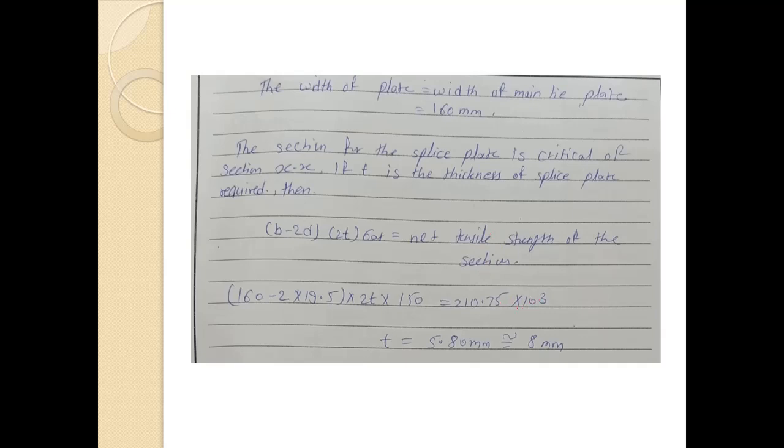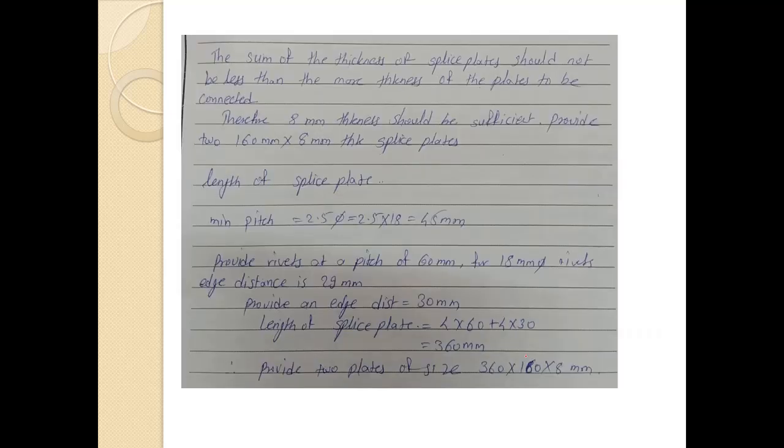So we are getting t as 5.8 mm, and we are providing 8 mm. The sum of the thickness of the splice plates should not be less than the maximum thickness of the plates to be connected. Therefore 8 mm thickness should be sufficient, and we are providing two 160 by 8 mm splice plates.